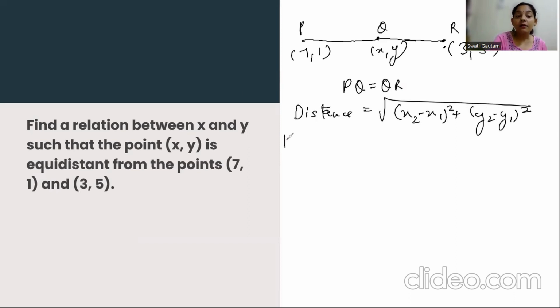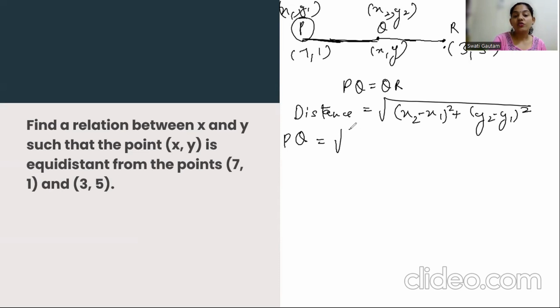When we are talking about the distance between P and Q, P will give you x1, y1 and Q will give you x2, y2.